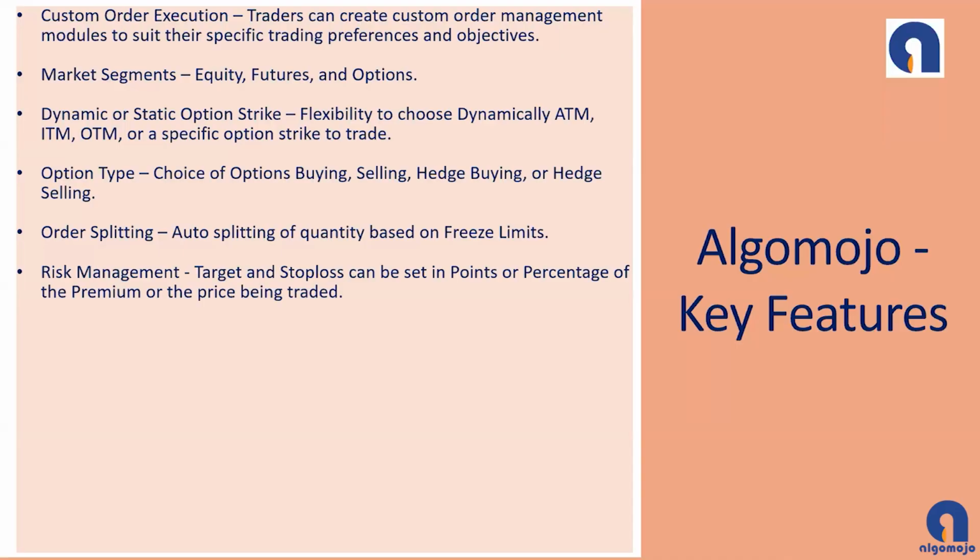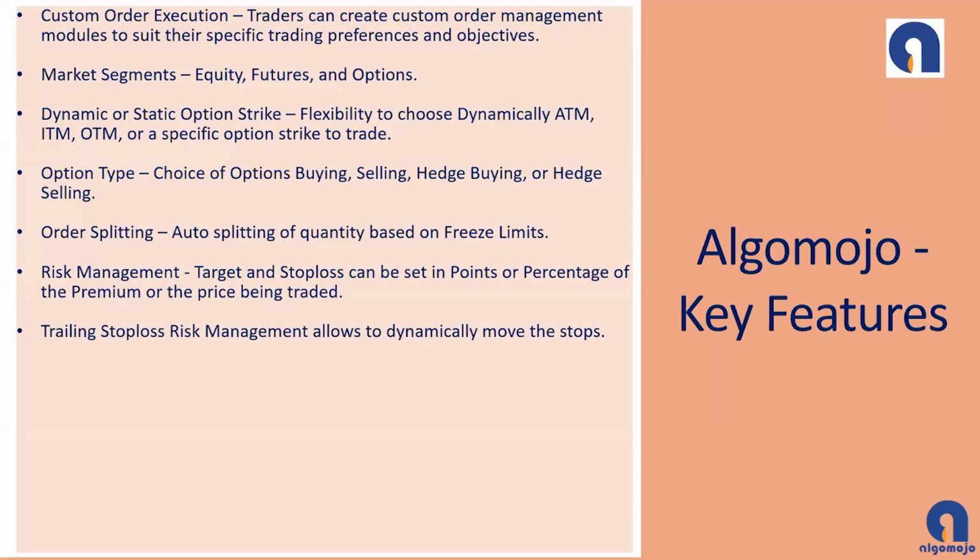In terms of risk management, we have quite a few features available in our platform. You can define the target and stop loss, both in terms of points or percentage, or even in terms of M2M. Whenever the target or stop loss is hit, the positions taken get closed. Currently, we have one target and one stop loss to be set.